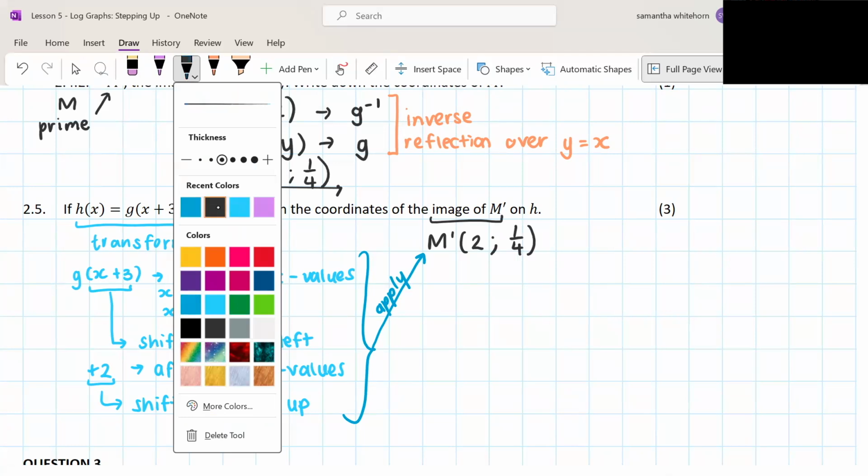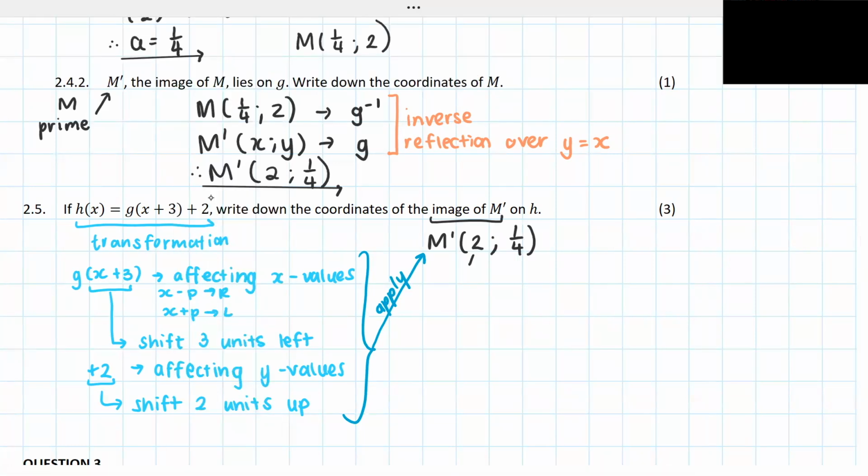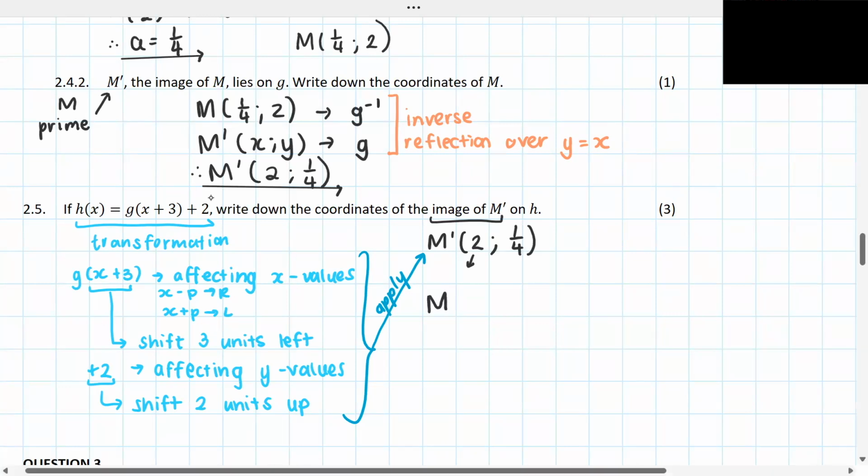Right. So if we think about taking the x coordinate and shifting it 3 units left, you're currently sitting at +2. 3 units left will now take you to -1. Now, guys, we've already got M prime. I don't know how many of you remember this from grade 8 and grade 9 transformation geometry. You're now creating a new image. So now we use M prime prime, or double prime.